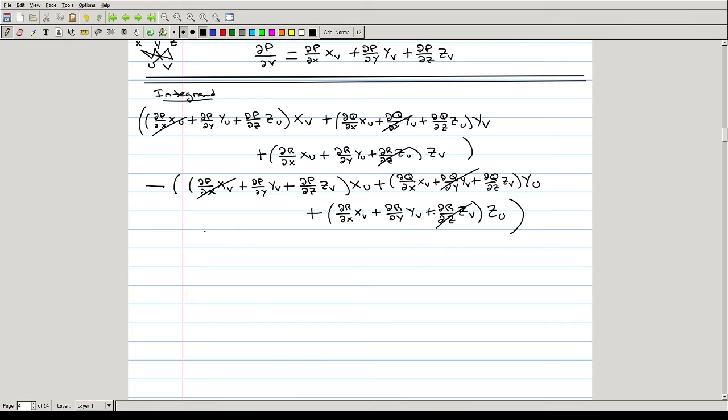And the remaining terms, remember this entire thing is equal to our integrand. The remaining terms in the integrand can be grouped together into the following vector relationship.